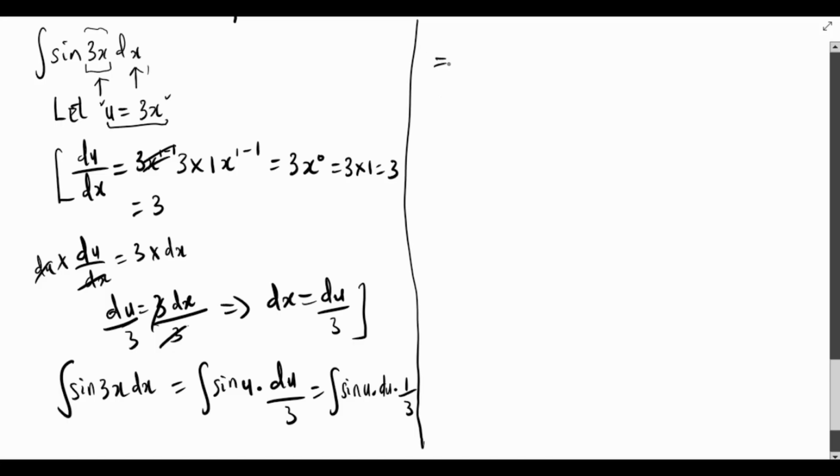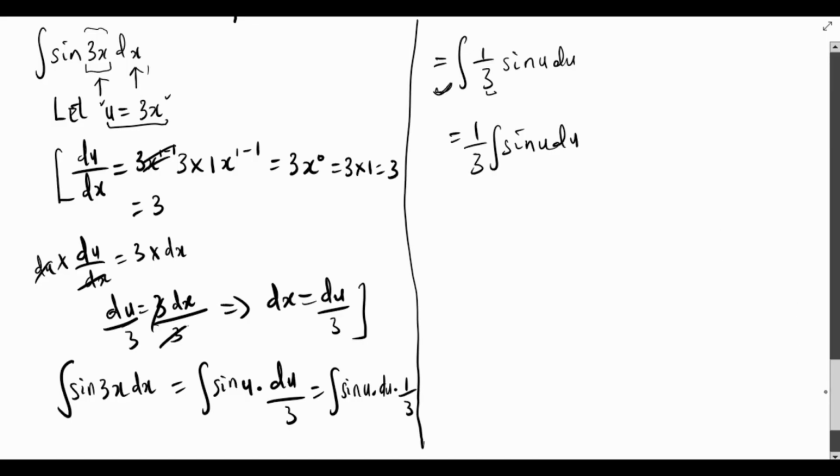Okay, so we can take the 1 over 3 before the sign because it's just a number, and that becomes 1 over 3 multiplying sine u and that times du. So now what we can do is to take the number outside the integral sign. So this is 1 over 3 multiplying the integral of sine u du.